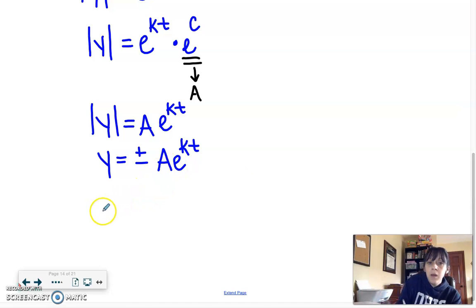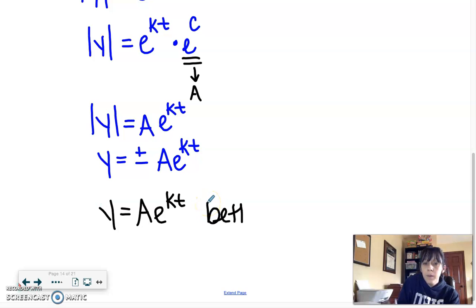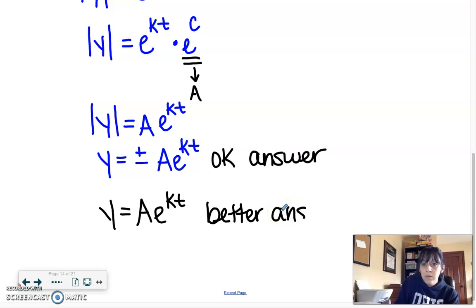So maybe y equals A e to the kt would be better. So this is an okay answer up here, but a better answer would be just to recognize that the plus or minus is sort of arbitrary.